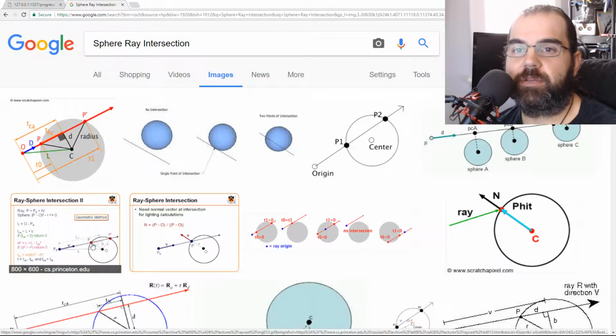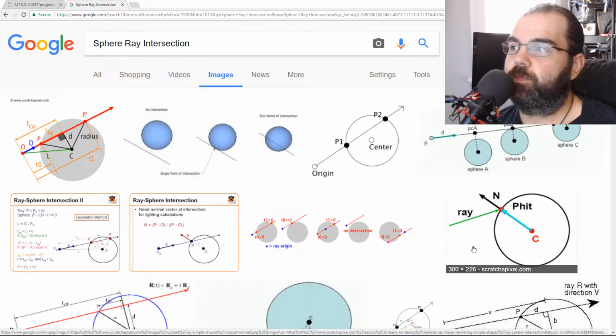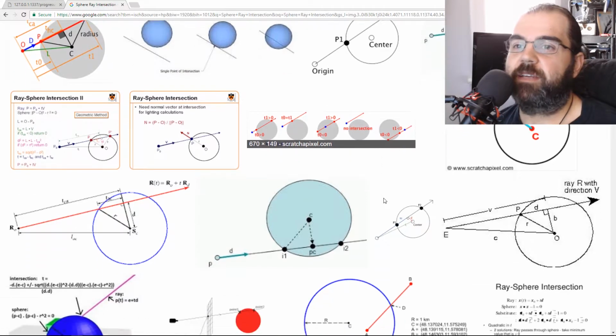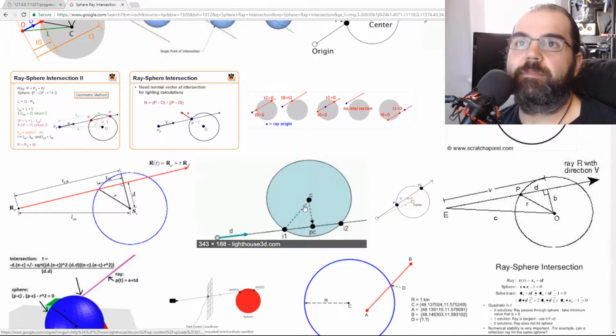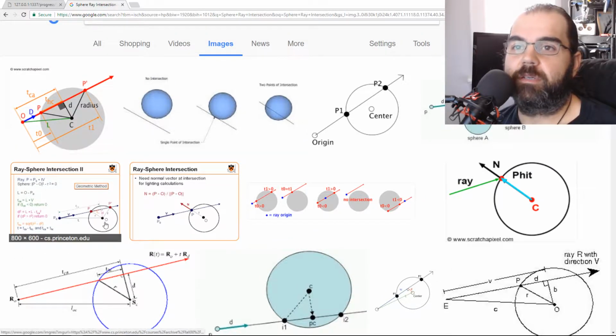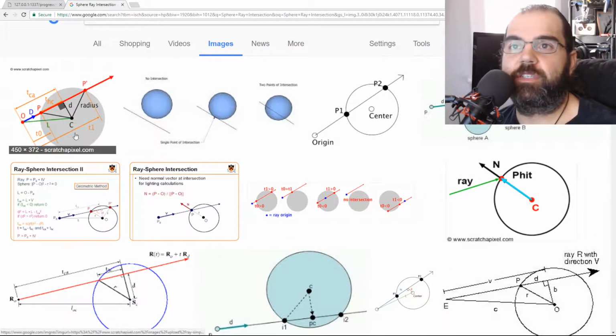So it's not really a lot of math. It's one of the simplest algorithms to understand when it comes to intersection. Since we have a lot of nice flat images to illustrate the idea, these two images pretty much do the trick, right?